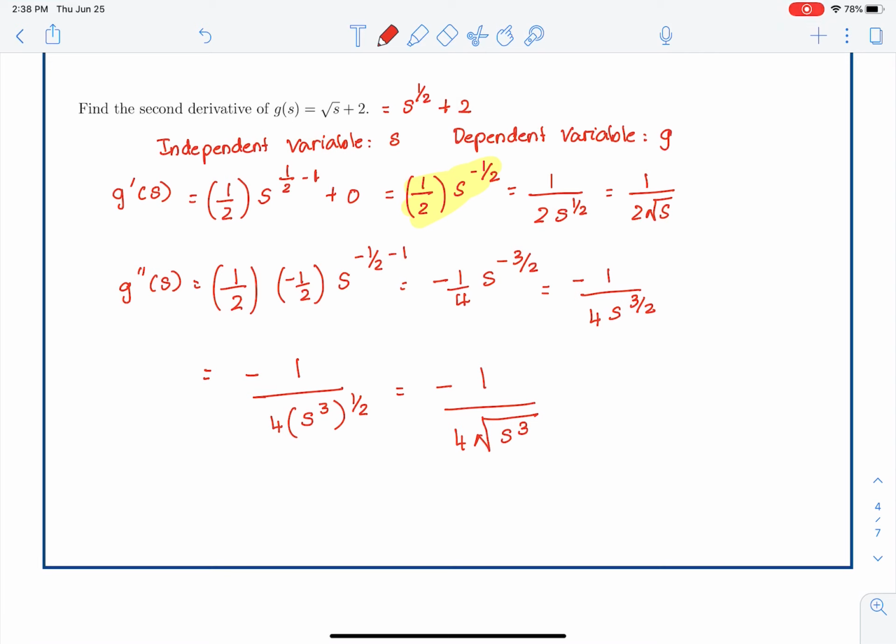It depends on what WebAssign wants or what the exam is going to be, but either format is acceptable. Typically, we like to write it in this notation because it sort of looks nice.